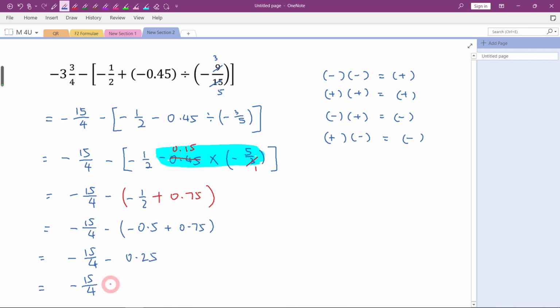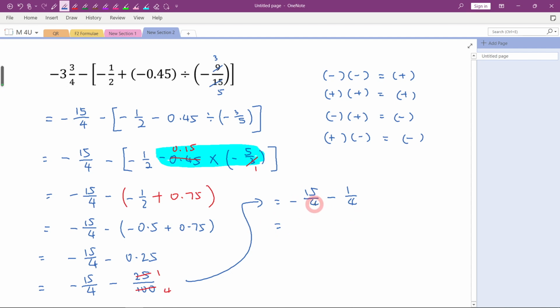It will be 1 over 4, right? If you don't know why it's 1 over 4, you can just do it this way. 25 over 100. Then you can simplify them. Divided by 25, divided by 25. So you will get negative 15 over 4 minus 1 over 4.